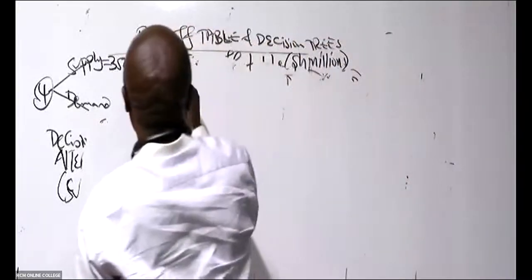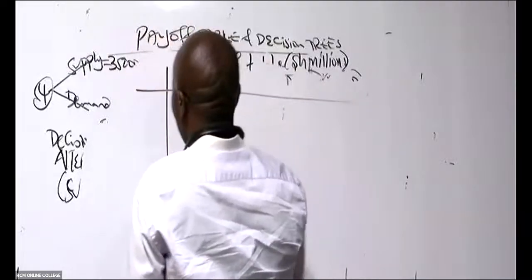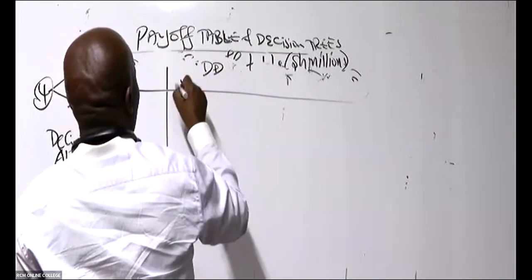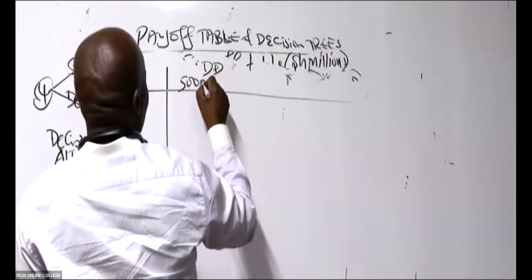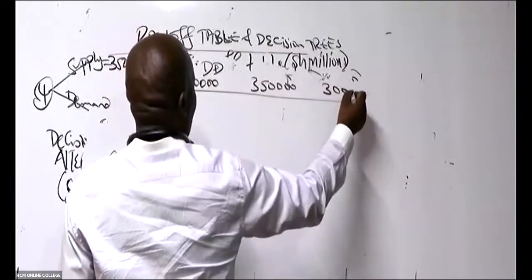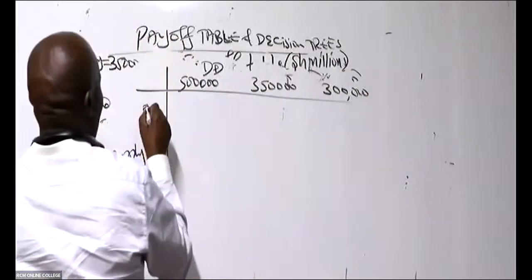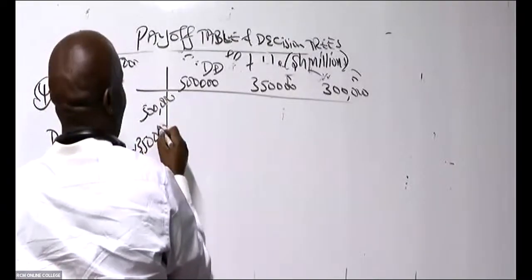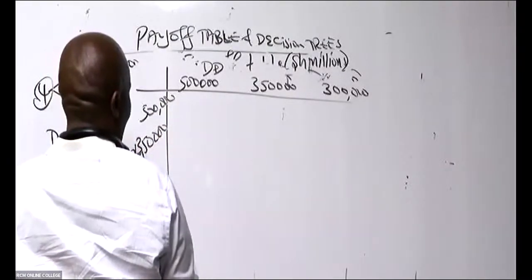Now, ladies and gentlemen, remember this is our table. So we have here supply, we have here demand. 500,000, 350,000, 300,000. Then we have 500,000, 350,000, 300,000.